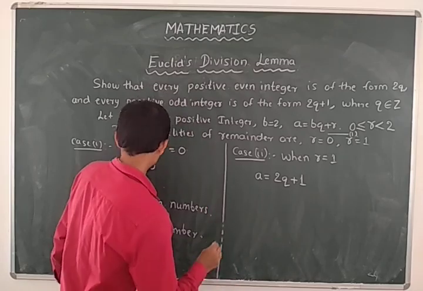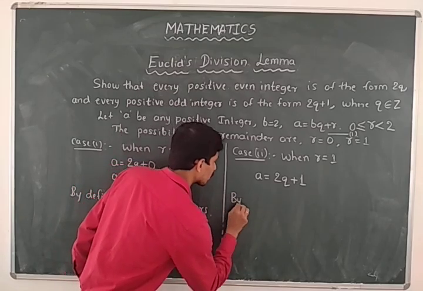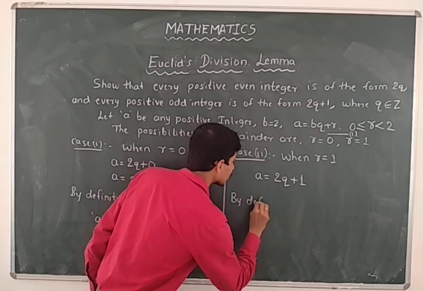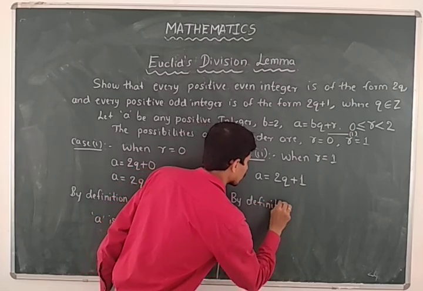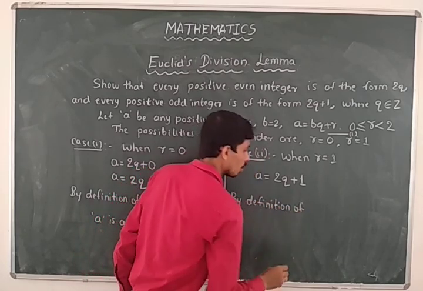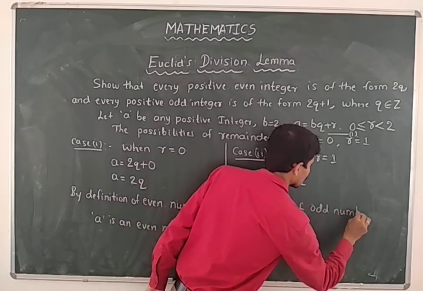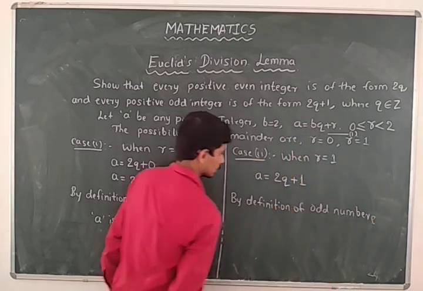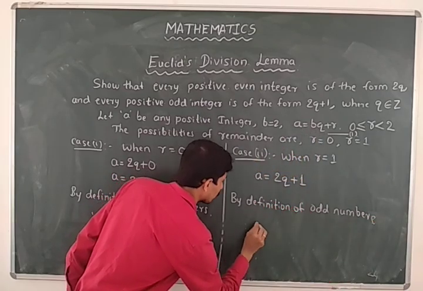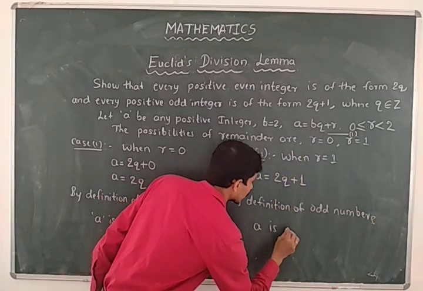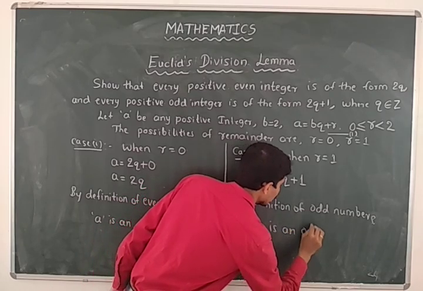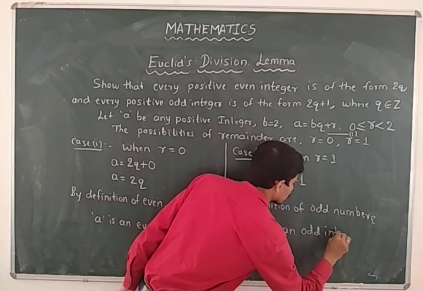That means by the definition of odd integers, by the definition of odd numbers, therefore a is an odd integer.